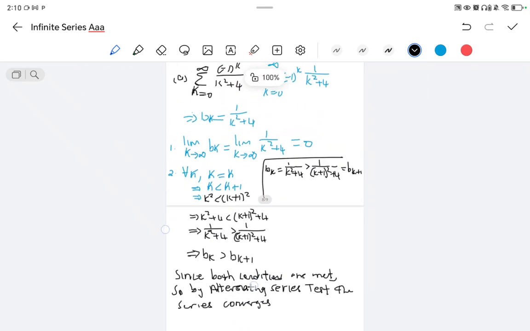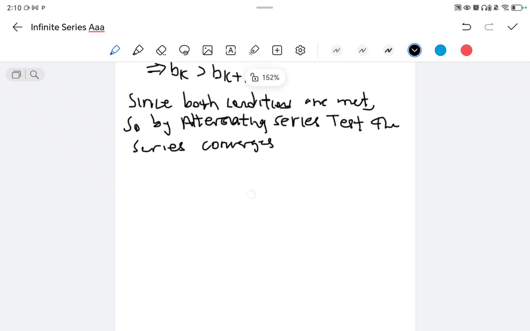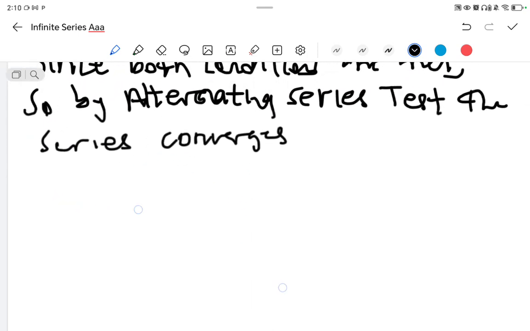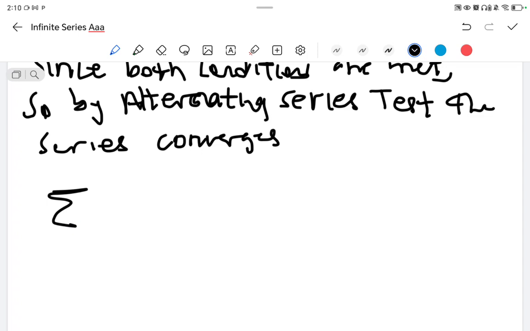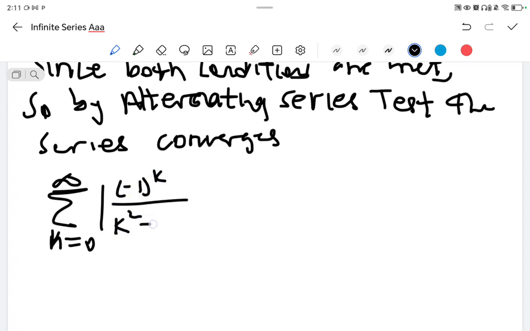We checked the normal one, now we check its absolute value. So that's what they're trying to tell us when they ask whether it is conditionally or absolutely convergent. That's 1 over k squared plus 4.